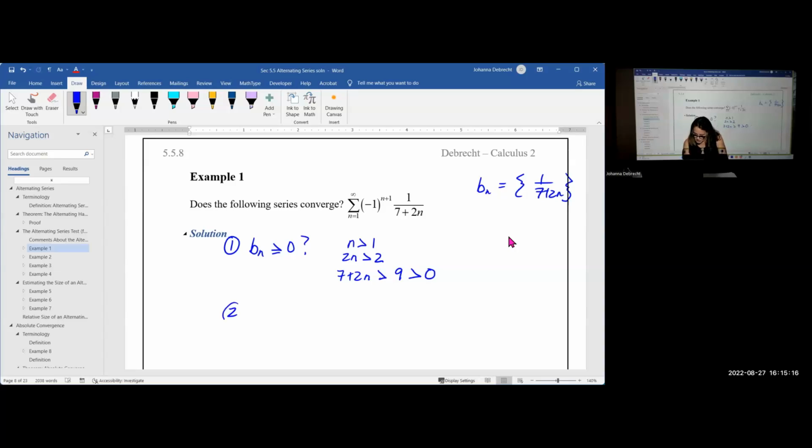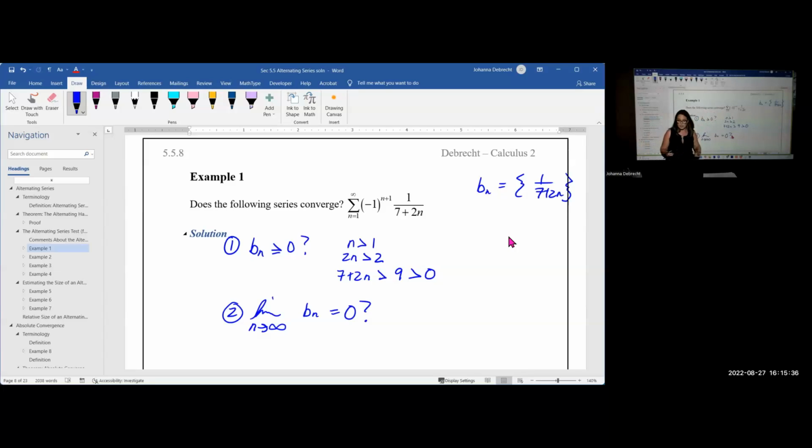The second part we want to take a look at is we want to make sure, and probably we should have done this first, that the limit of the sequence does go to 0. In other words, we want to make sure that it is inconclusive for the divergence test.